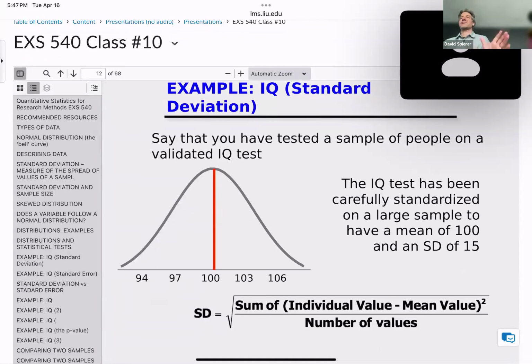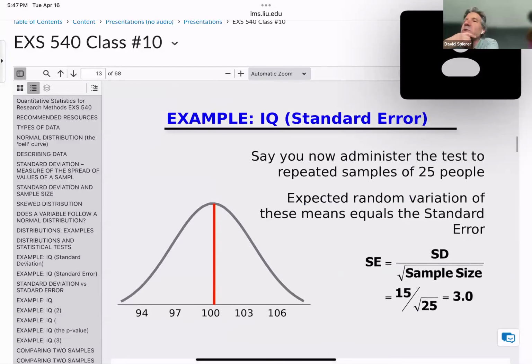So what that means right now is that the average score on this IQ test is 100. Some people score 115 and some people score 85. So between the 85 and the 115, we have basically one standard deviation. Does that make sense? Right? So we have a mean of 100 and a standard deviation of 15. Okay. Any questions? All right.